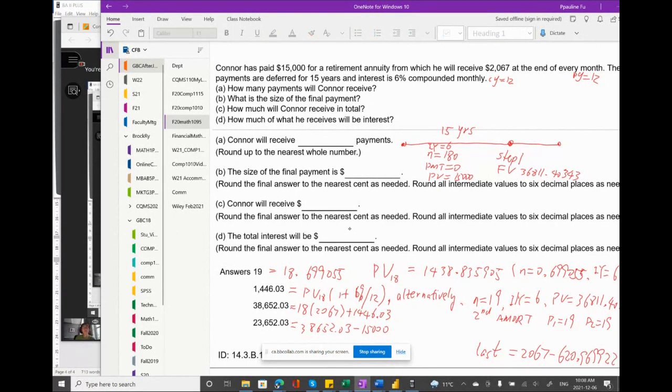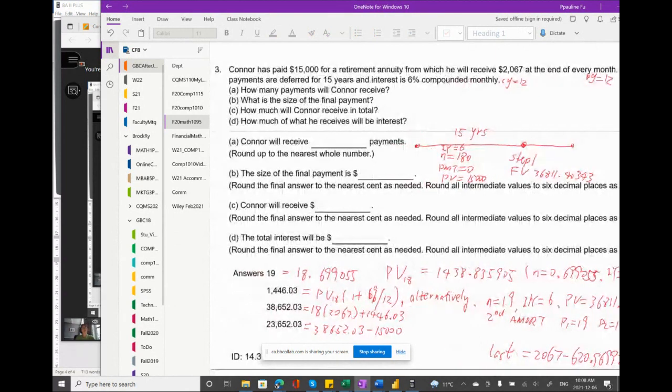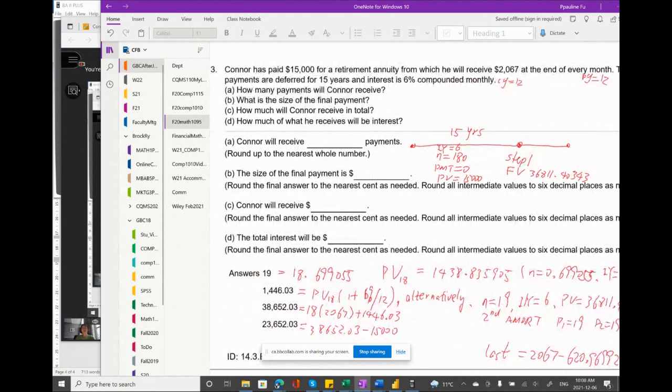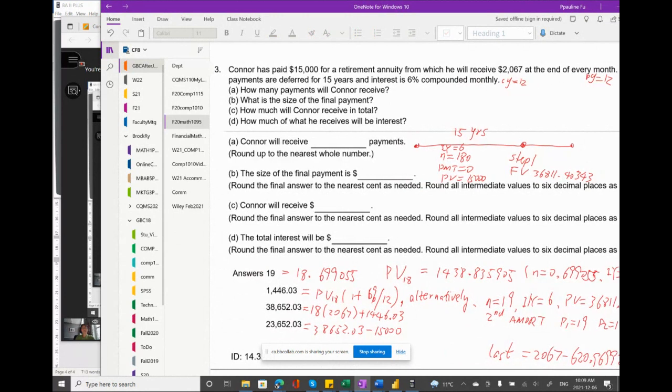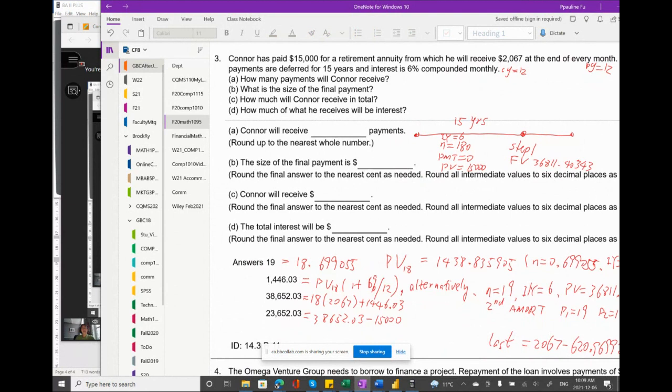Every month means PY equal to 12. The payments are deferred for 15 years, and interest is 6% compounded monthly. Compounded monthly means CY equal to 12. Question A, how many payments will Connor receive?